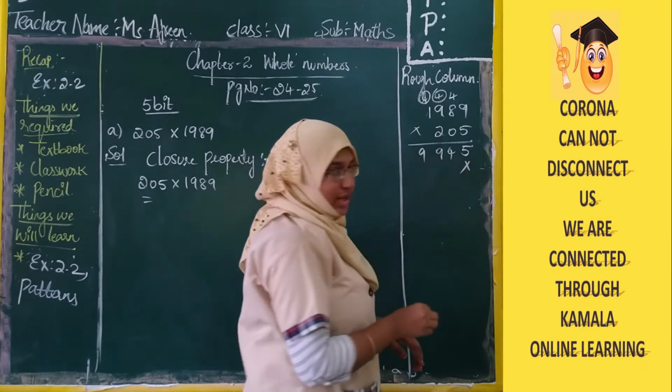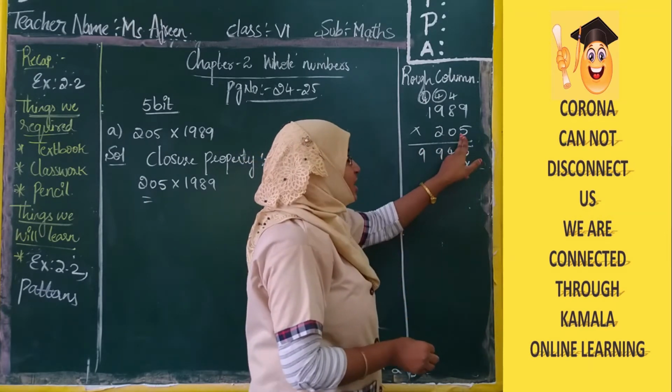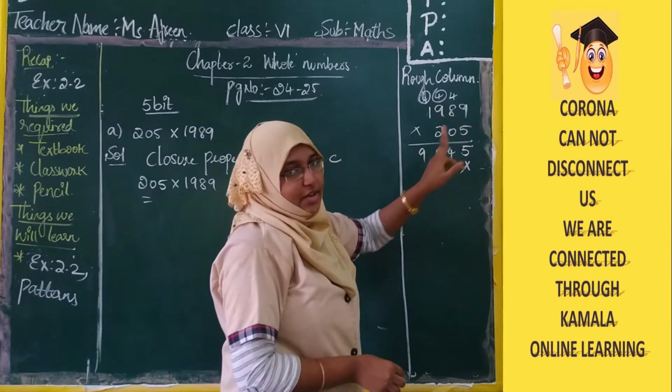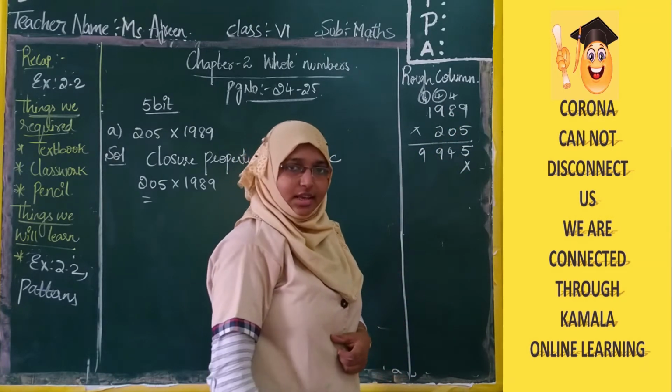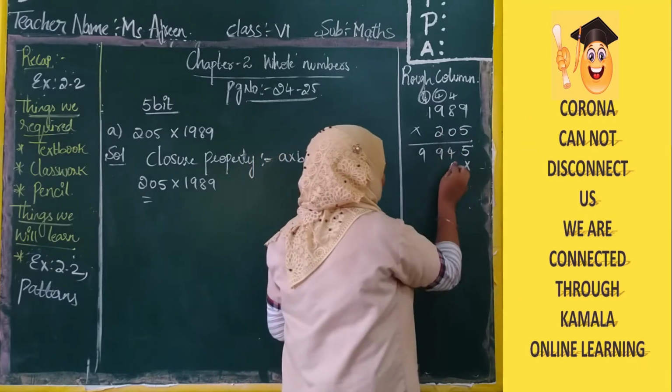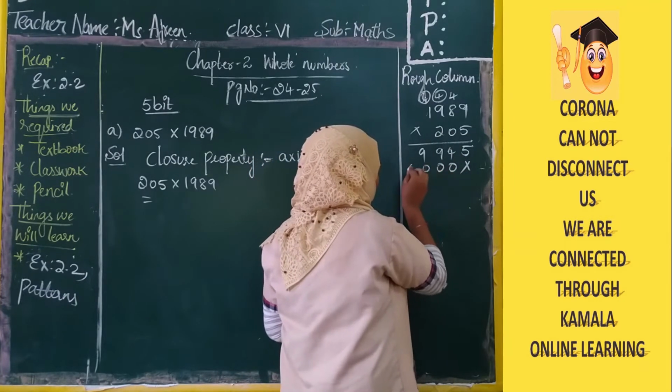As we have done with the ones place, let's move to the next place, the tens place. At the tens place we have the digit 0. Whenever you multiply any number by 0, we get the answer 0, right? So 0 into 9 is 0, 0, 0 and 0.